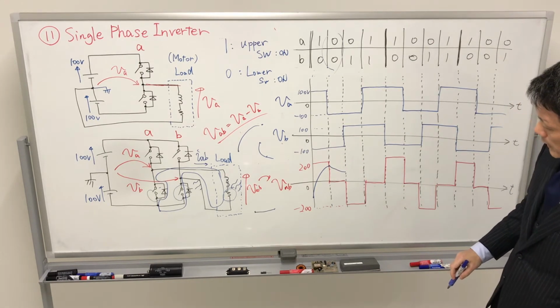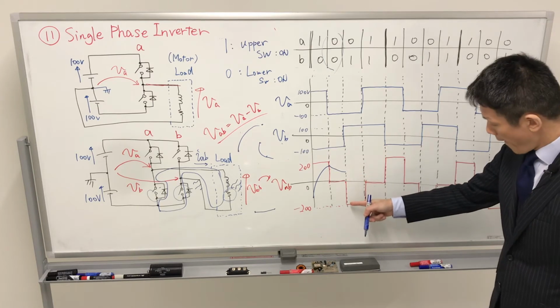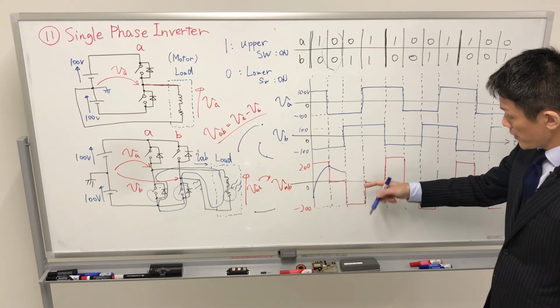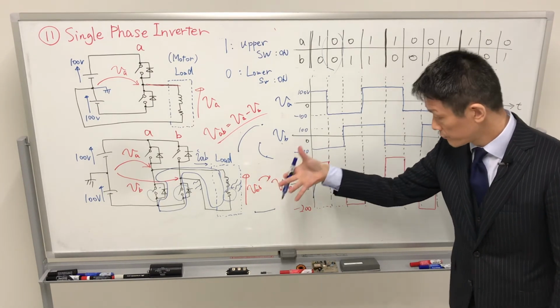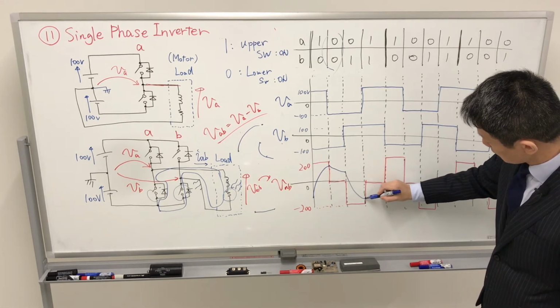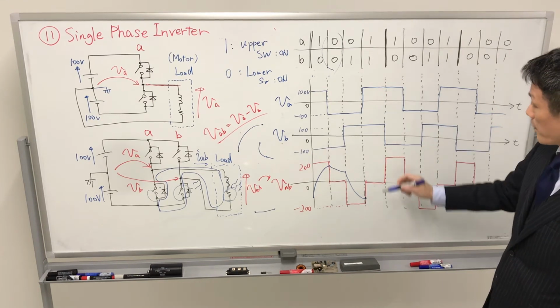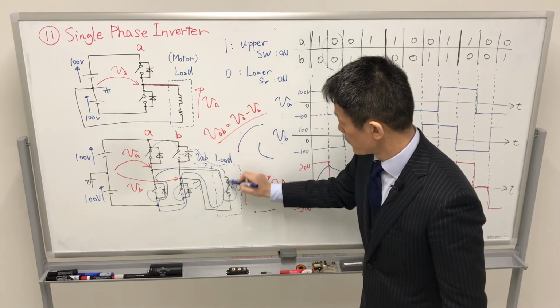Okay, and at this point, because the lower voltage is across the load, the current is here, and 1 means it flows through this loop.